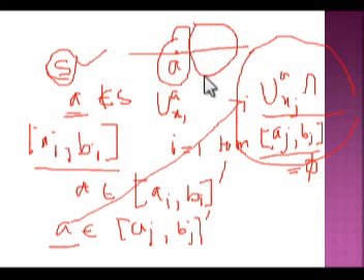This is the closed interval A_j B_j. The collection of A_j B_j can cover S, but if A does not belong to S, then this intersection cannot cover S.